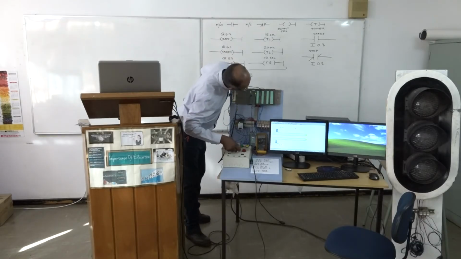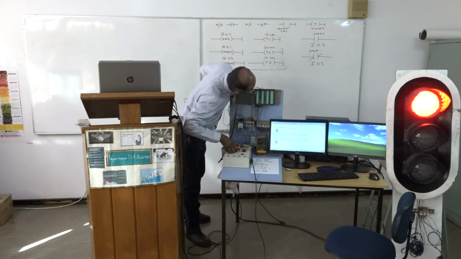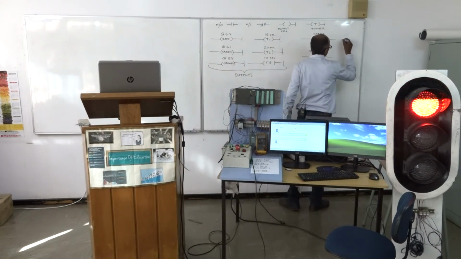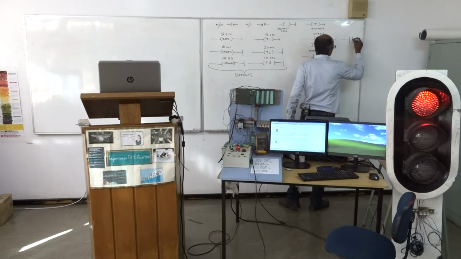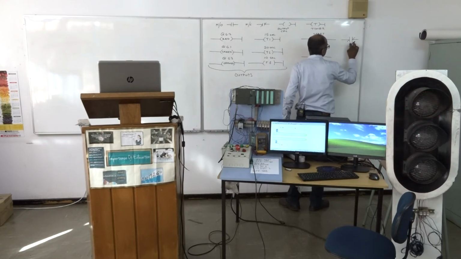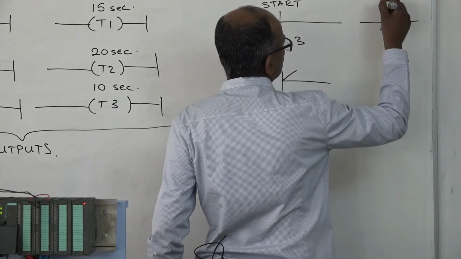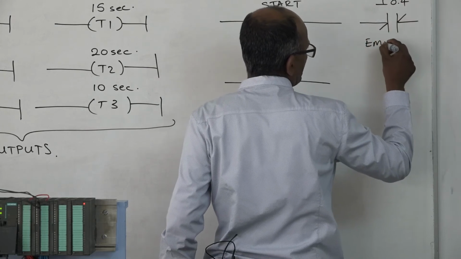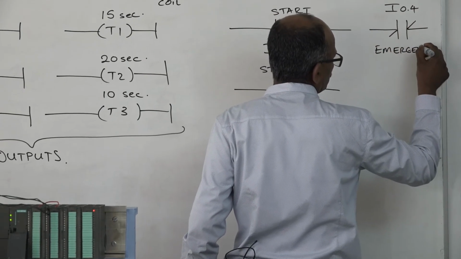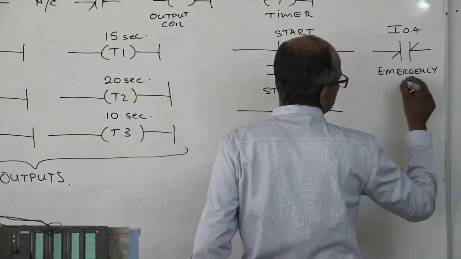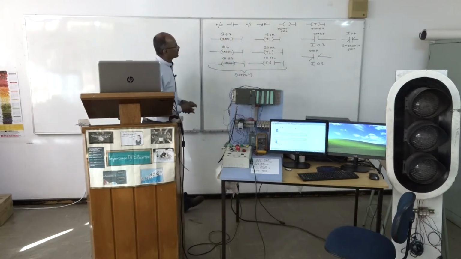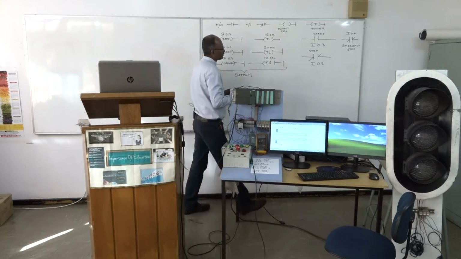I've got an emergency stop, which is I0.4. We may use this, we will check just now, which is normally closed, and which I call emergency stop button.